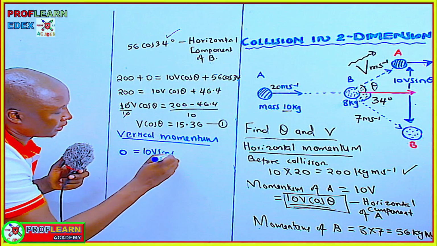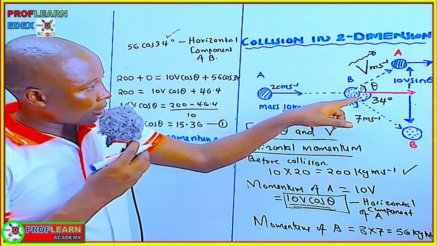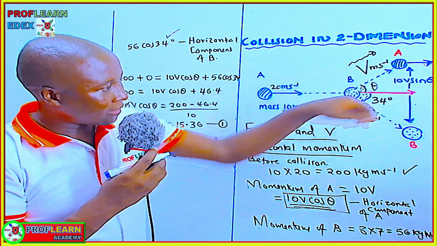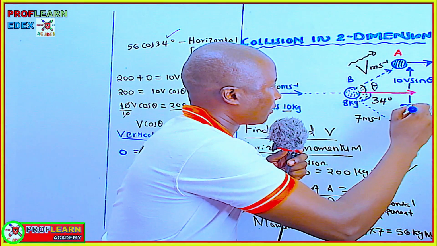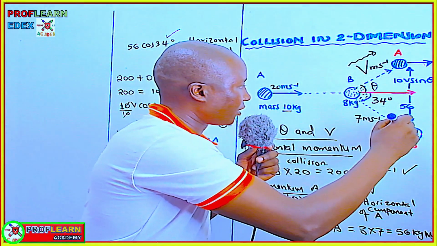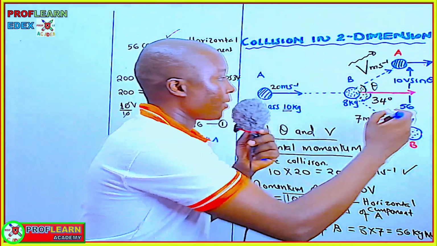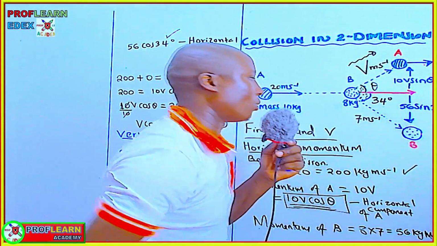10v sine theta plus this one will have a vertical component, but that vertical component will be acting down, so it's going to be 56. Because momentum in this direction is 56, the vertical component is 56 sine 34.